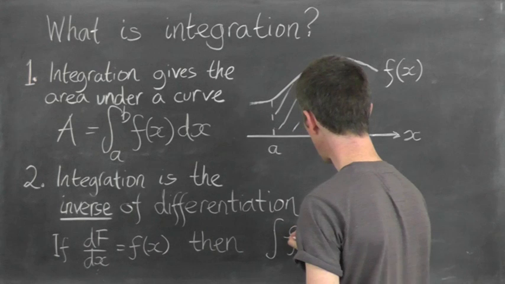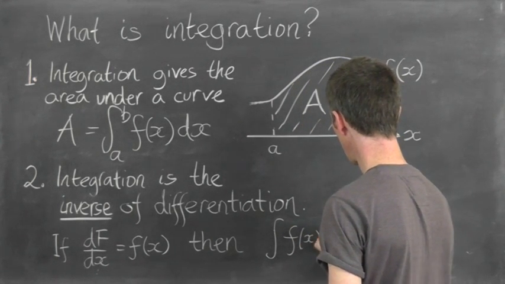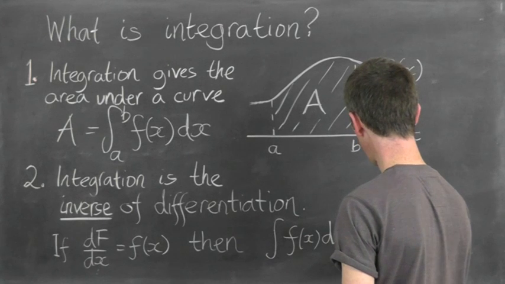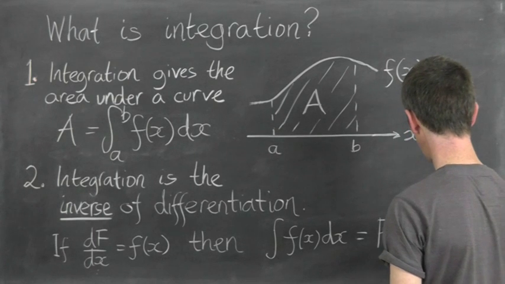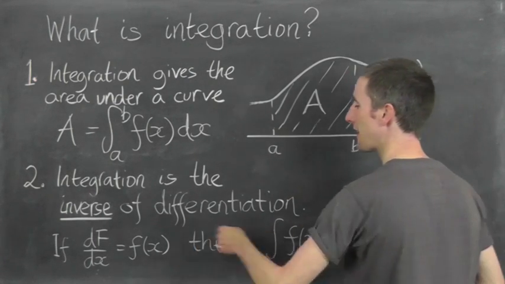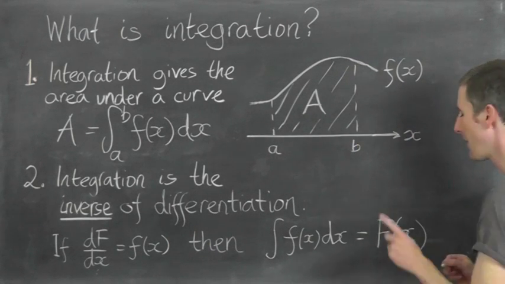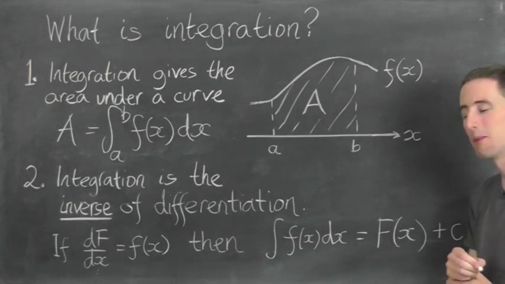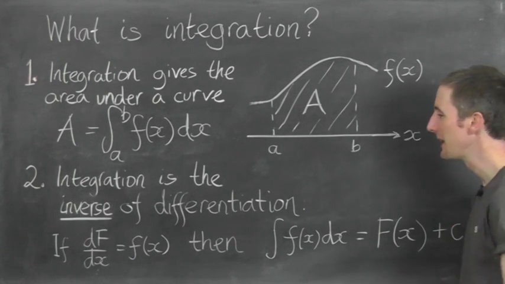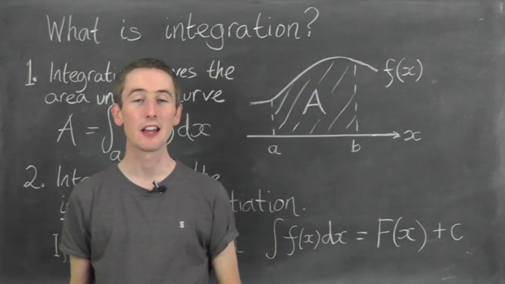The integral of little f with respect to x equals capital F. And hopefully you can see that there's an inverse relationship here. One more subtlety, I have to add a constant of integration because this is not uniquely defined. Now, I'll talk about this in the next clip.